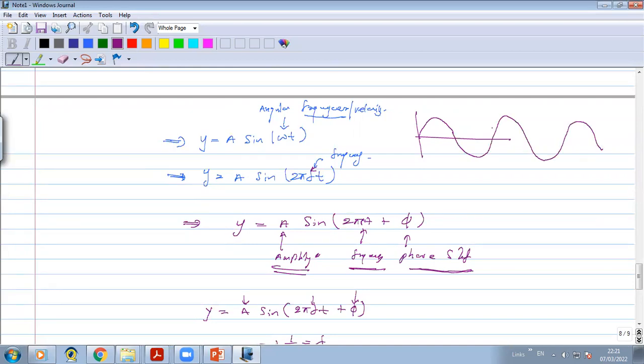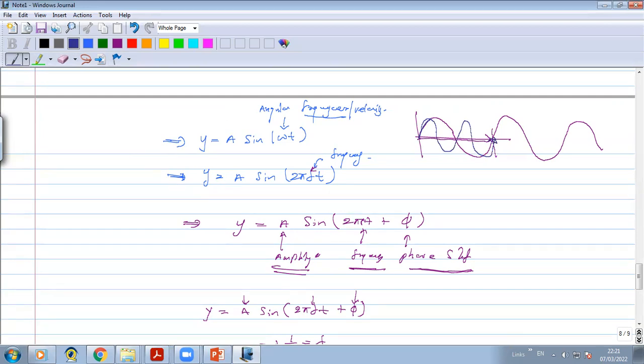So to complete one cycle, it takes much time. But if this f is high, that means it is rotating very fast. So within this time it will complete several circles.